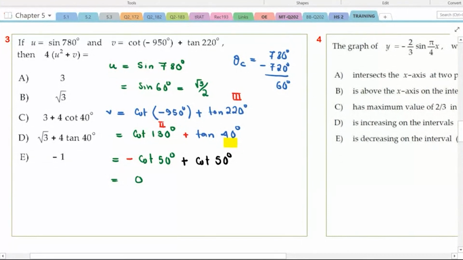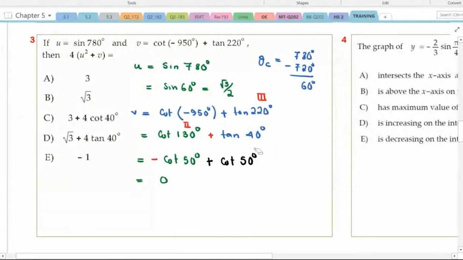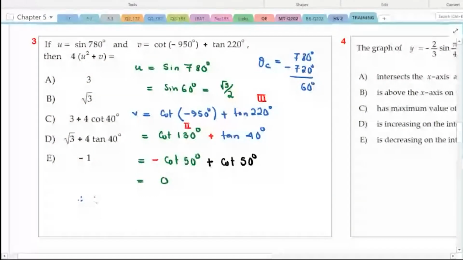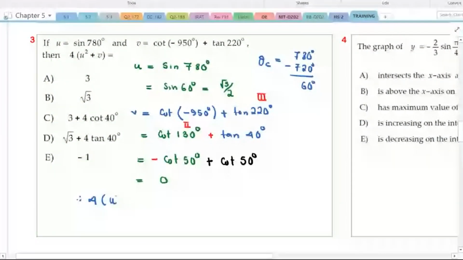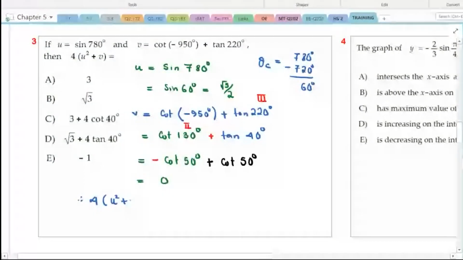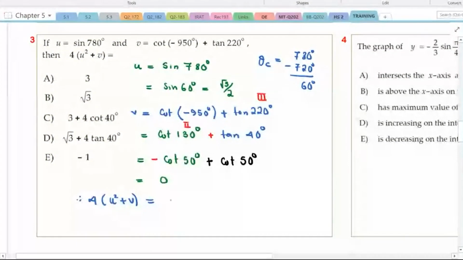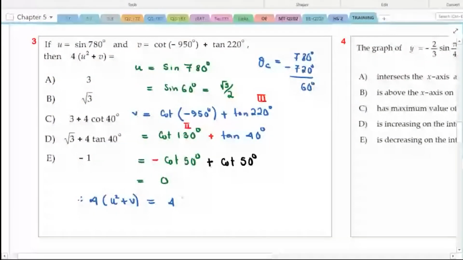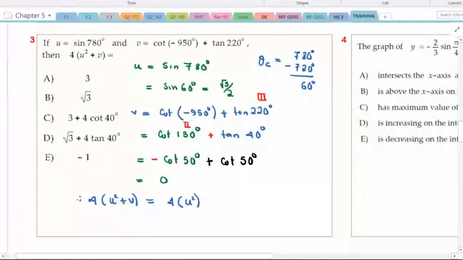Now, what does the question say we should do? The question says, let me write the question now. So therefore, we have 4 bracket open u squared plus v. And this is going to be equal to 4 times u squared only. Why? Because v is equal to 0.